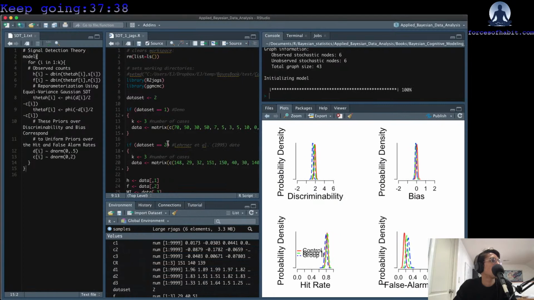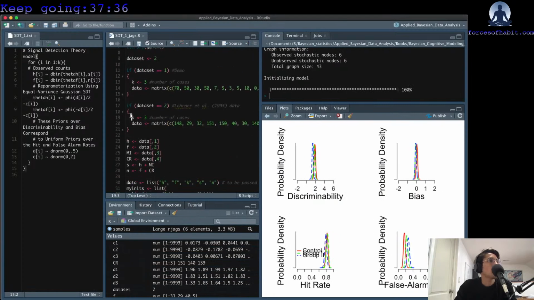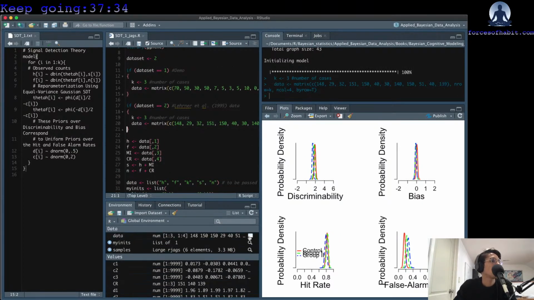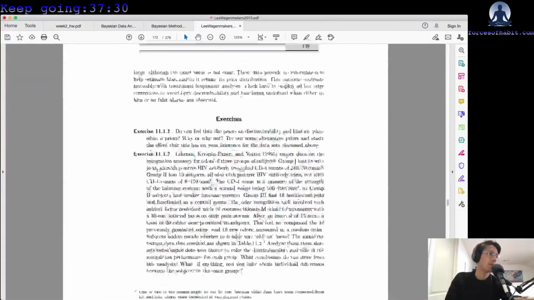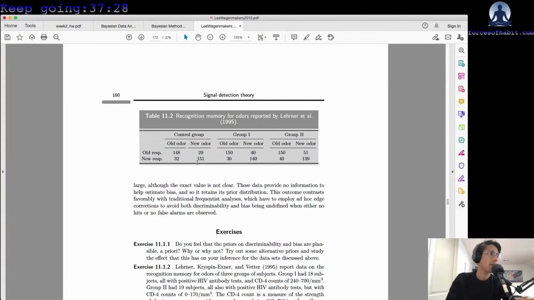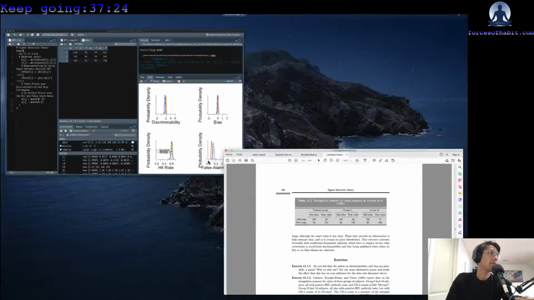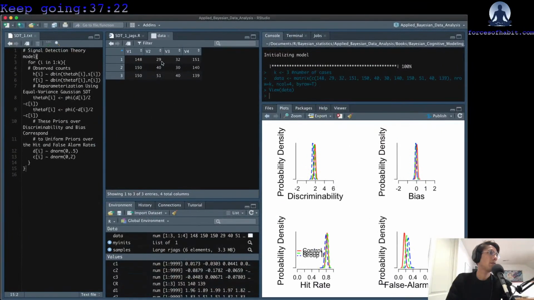Sweet. But let's look at this. So this is what we were just talking about, equivalent to here in this table. So 1, 2, 3, 4. 1, 2, 3, 4. The total trials across all the subjects, right?